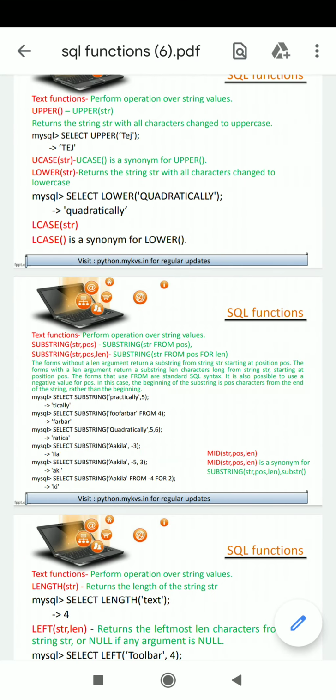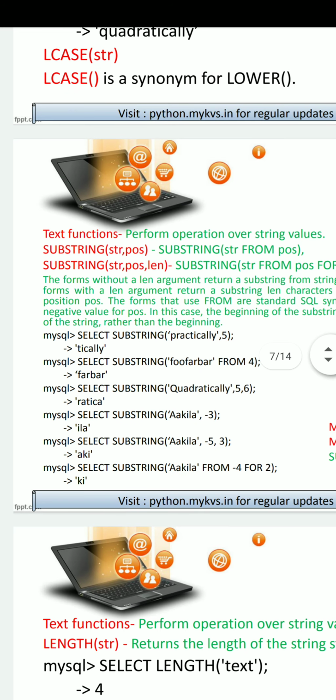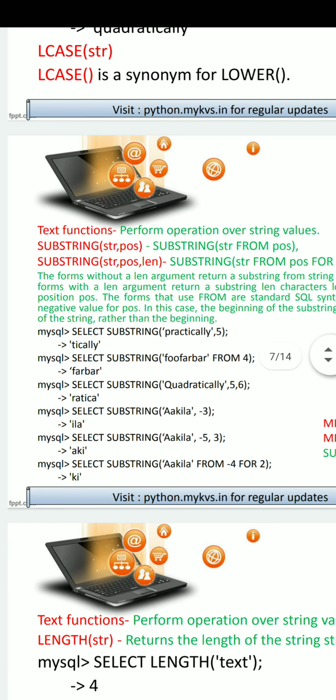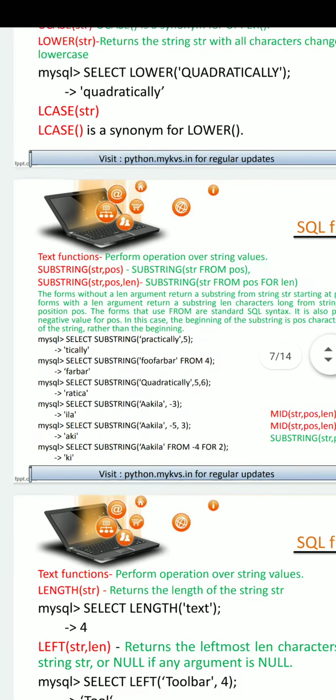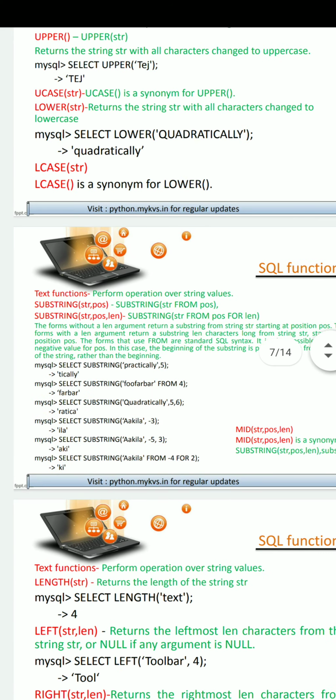Okay students, now we learn the next function, that is substring. Substring returns part of the string. How does it return part of the string? Here are some examples given. Two syntax forms are given here.